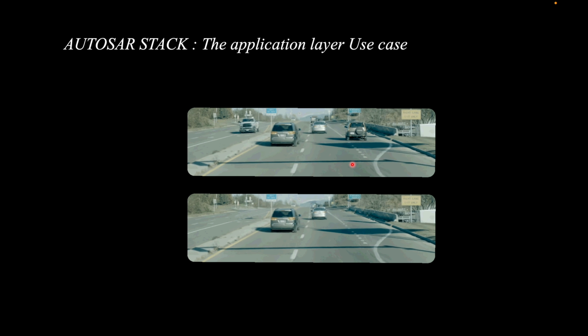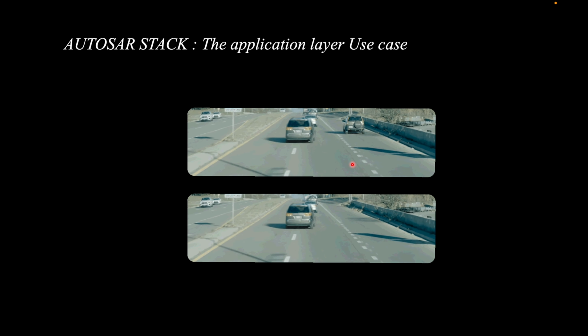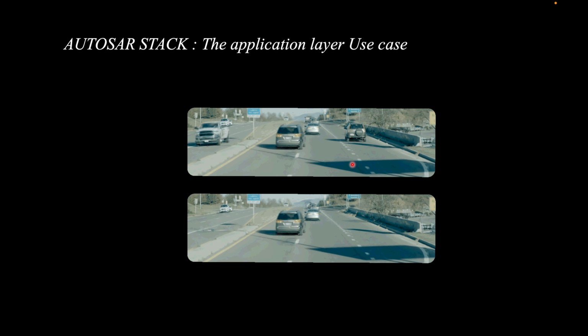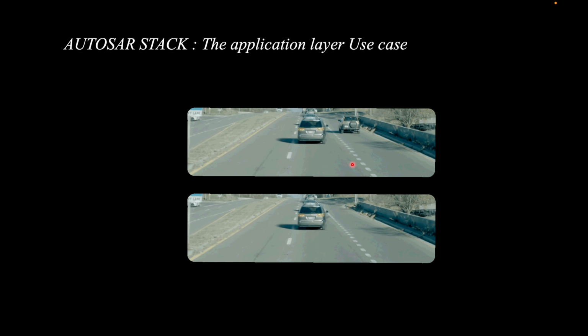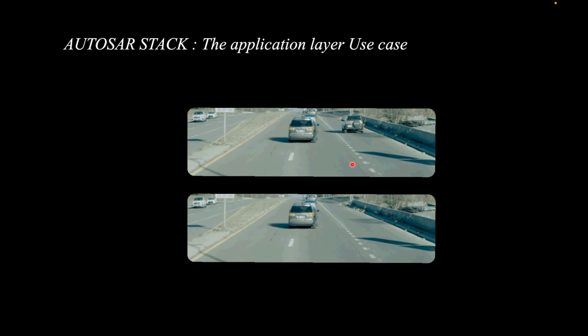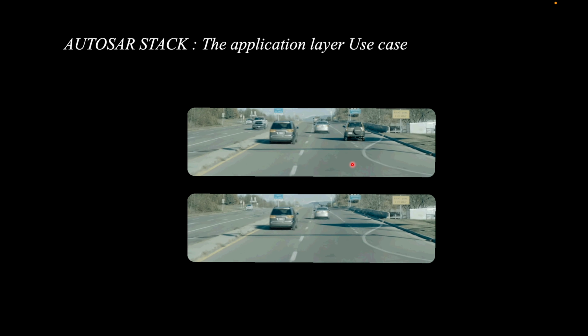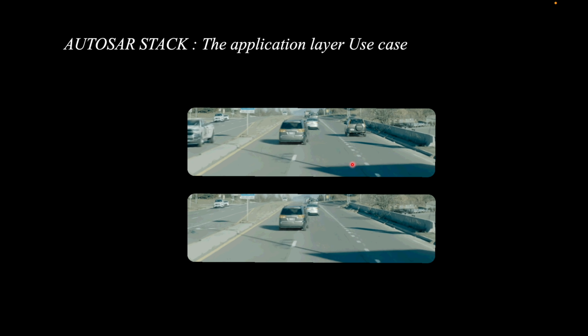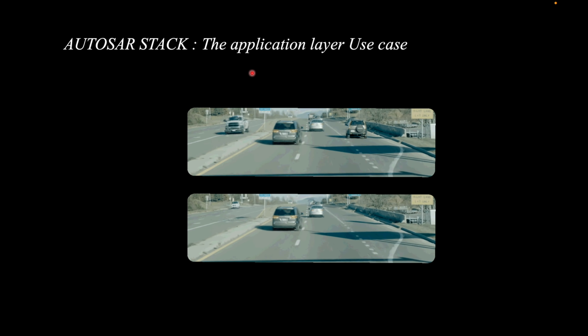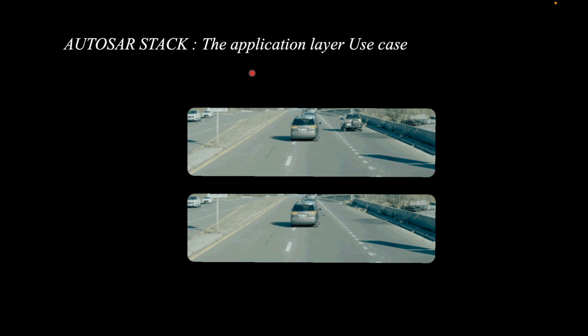So now we will see a use case: how these things work together to develop this particular system in the application layer, how the application layer gets the information, how it acts and behaves, and how the control flow and service flow works. So now we will take the example of blind spot detection.